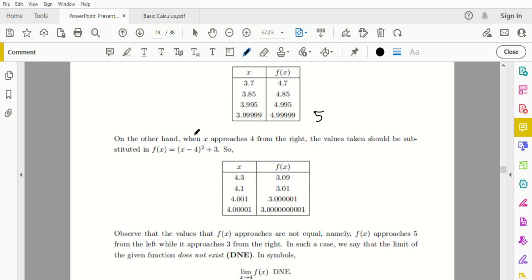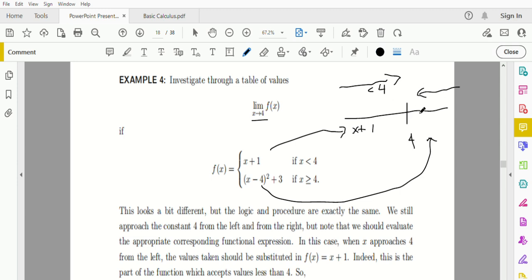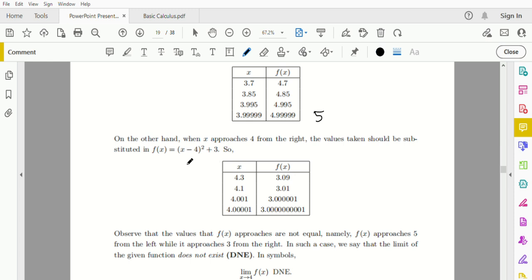On the other hand, when x approaches 4 from the right, the values taken should be substituted in this one. Since it's greater than 4, from the right, you will use the square of x minus 4 plus 3.